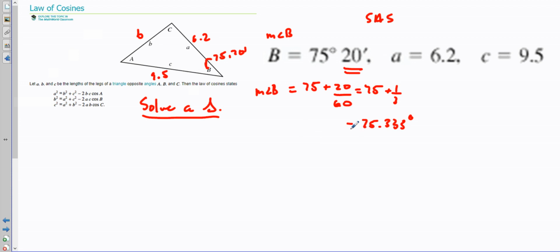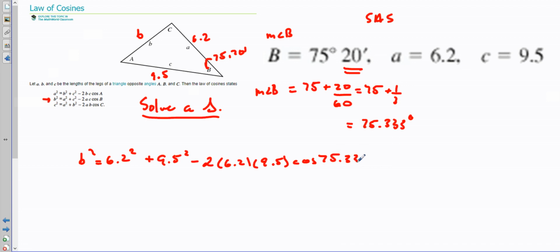So we have our measure of angle B, and we're going to figure out side B using the law of cosines. B squared equals 6.2 squared plus 9.5 squared minus 2 times 6.2 times 9.5 times the cosine of 75.333.